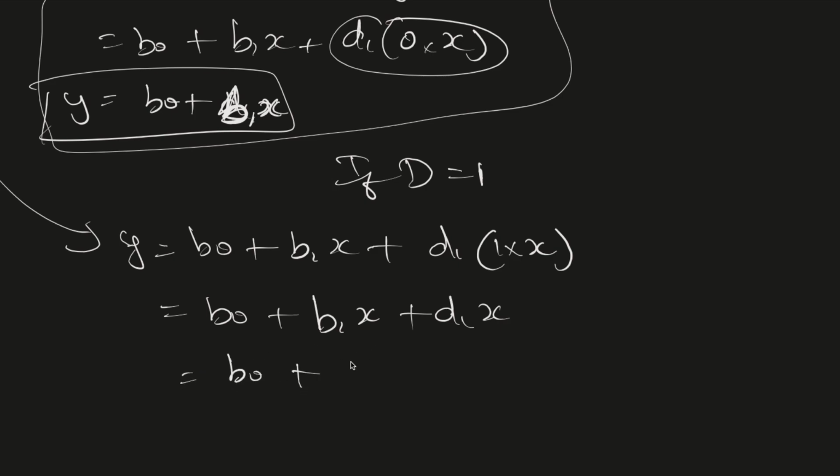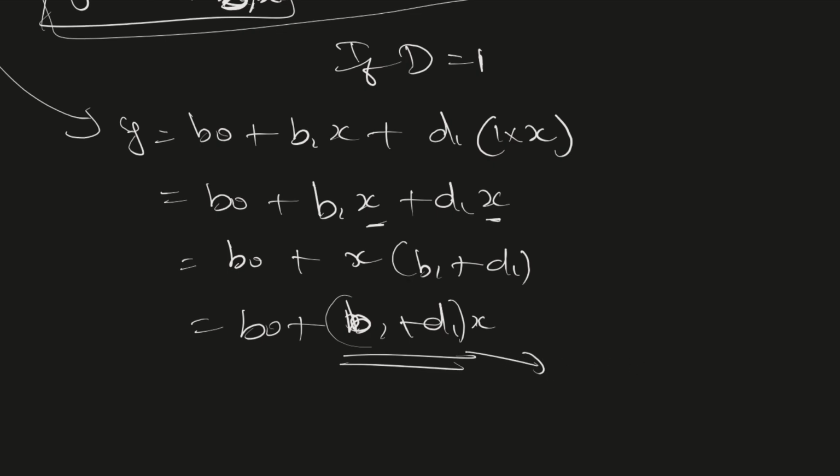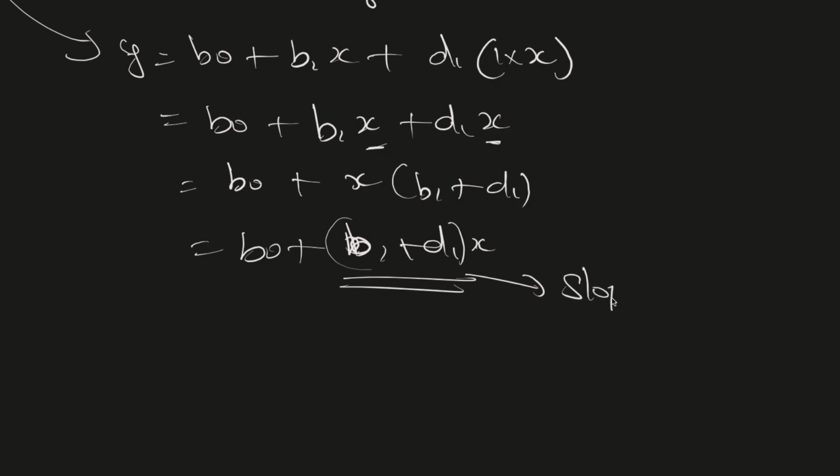In this case, I can take x out as a common factor: b1 plus d1. So that comes as b0 plus (b1 plus d1) into x. Here you see the slope coefficient of the independent variable has gone up. That's why this is called slope dummy.